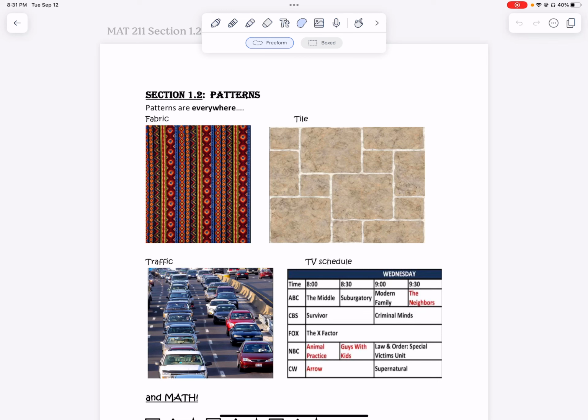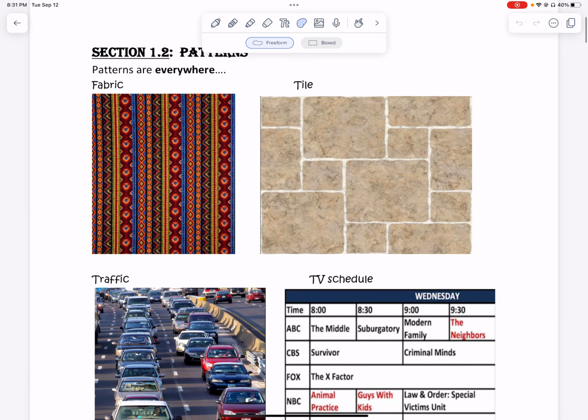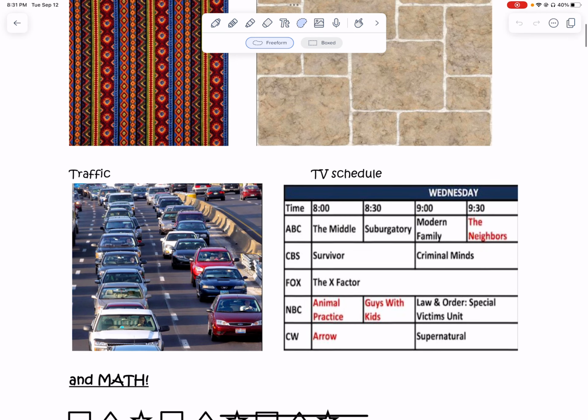So in this video, we're going to be looking specifically at solving problems using patterns, okay? And patterns are everywhere. We've got patterns in fabric, patterns on tiles, traffic patterns.